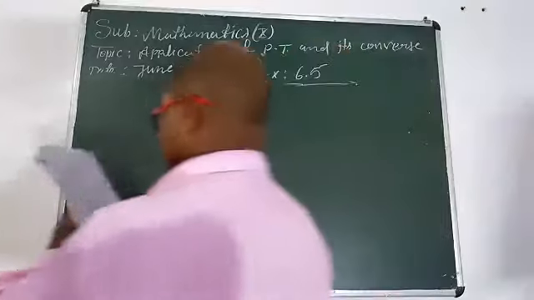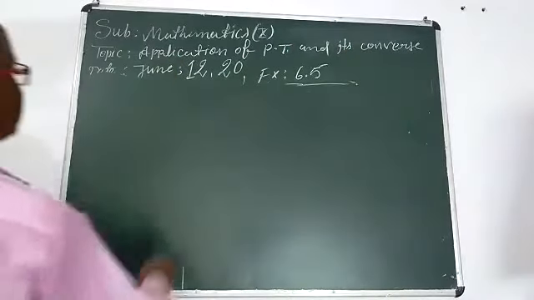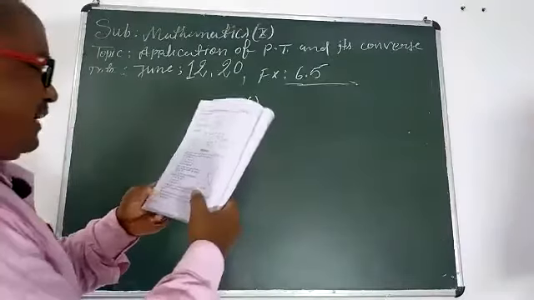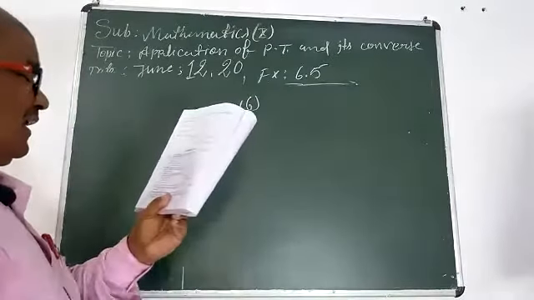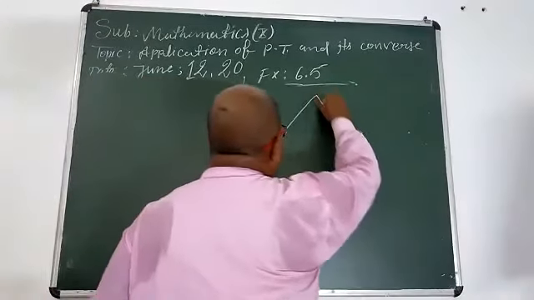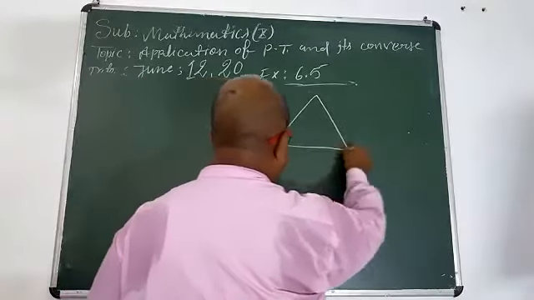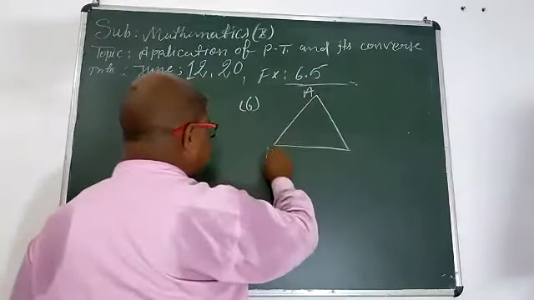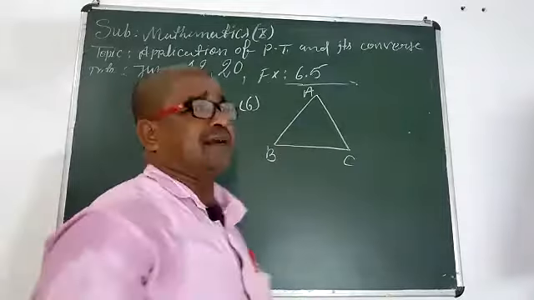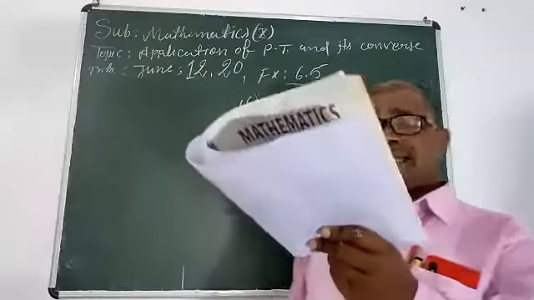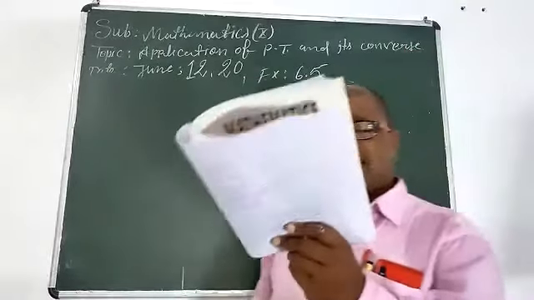Now, some number, I am thinking 6. ABC is an equilateral triangle of side 2A. Equilateral triangle, now recall your previous concept. You should take your pen in your hand and read the question.